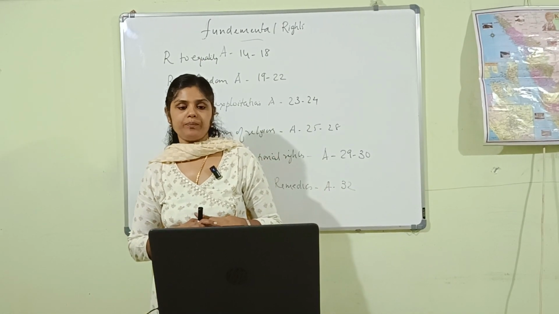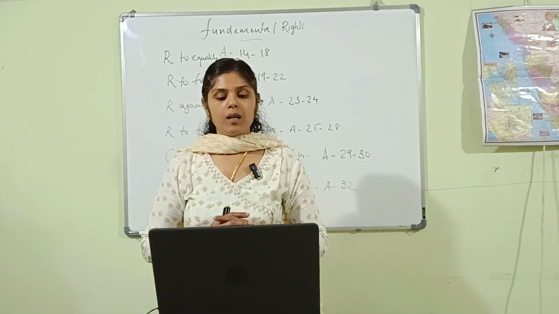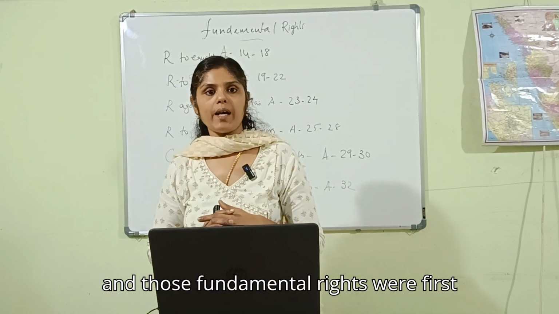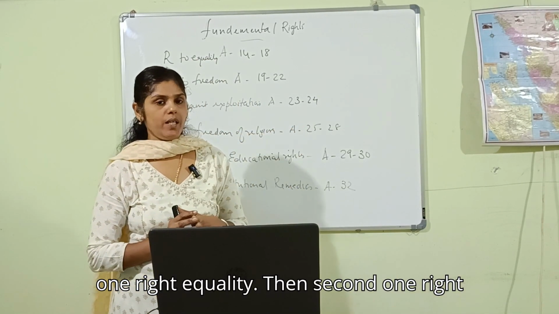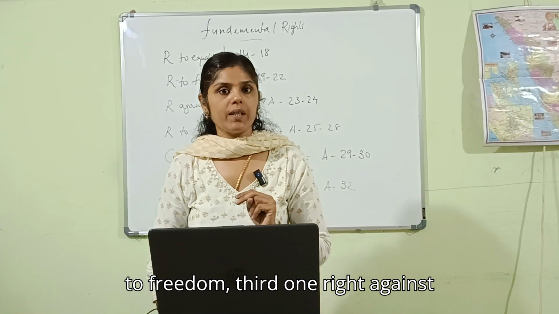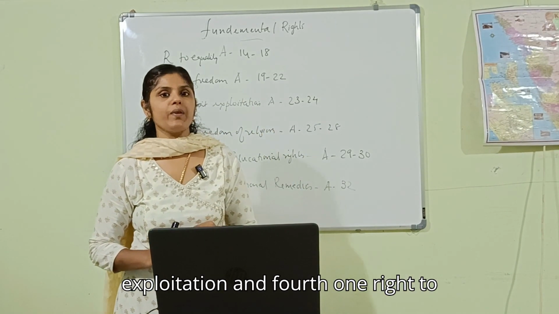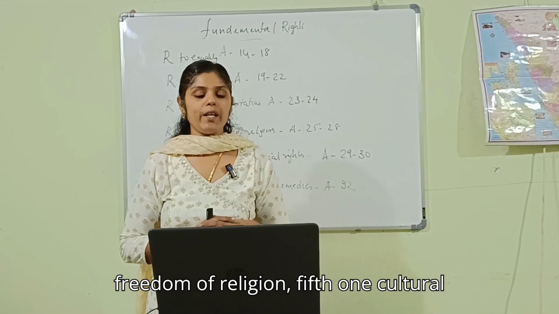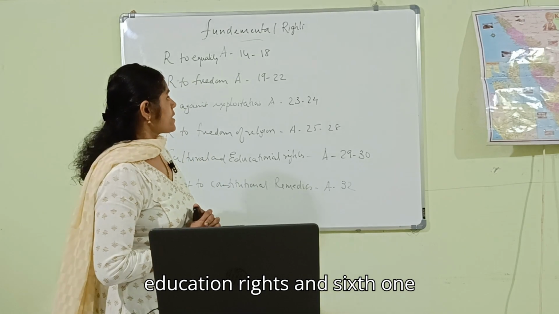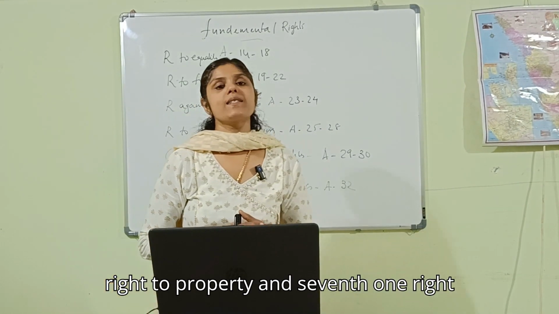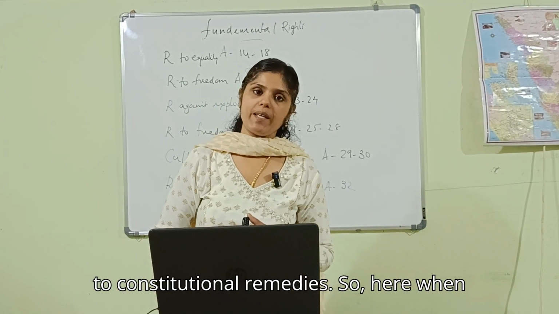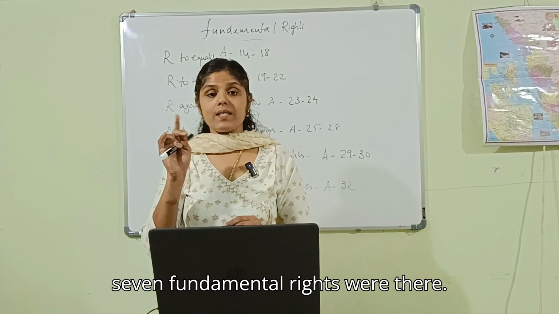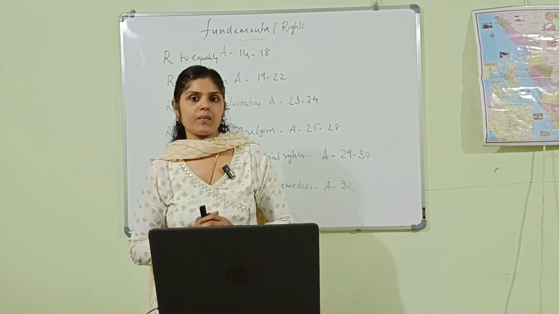Those seven were: first, right to equality; second, right to freedom; third, right against exploitation; fourth, right to freedom of religion; fifth, cultural and educational rights; sixth, right to property; and seventh, right to constitutional remedies. So when the constitution was framed, seven fundamental rights were there.